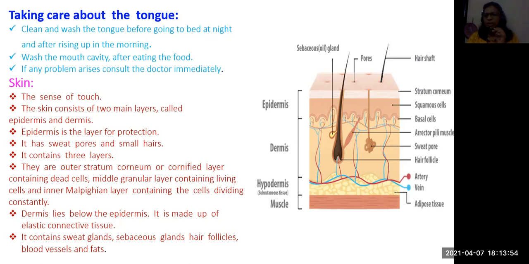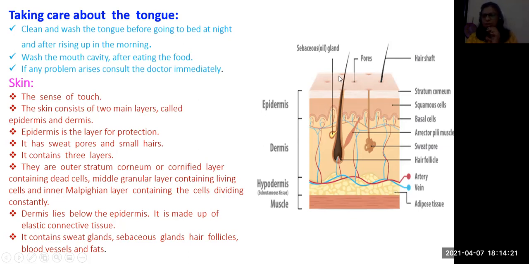Okay, so here you can see the basal cells and sweat pore. Sweat glands are there, and hair is outside, but hair follicles are present in the dermis part. So if you cut the hair here, there is no pain. But if you pull the hair, then this part is a sensitive part, so you feel the pain.